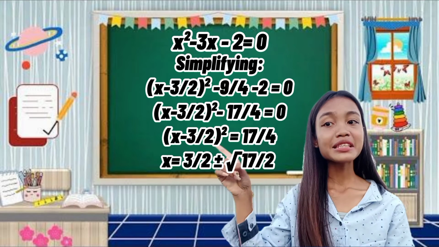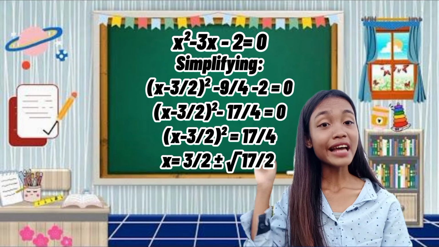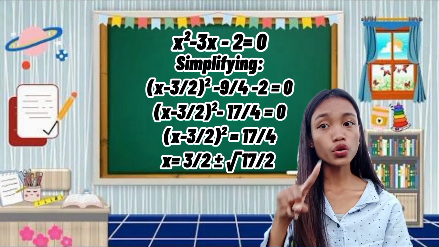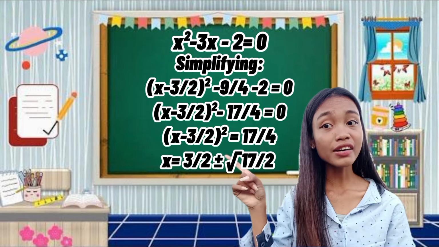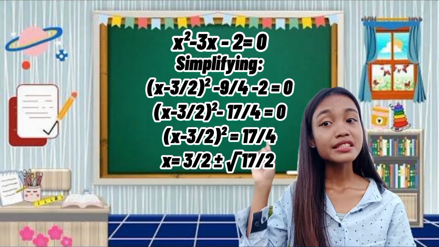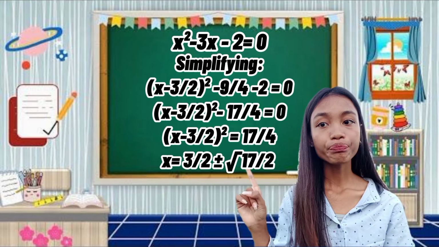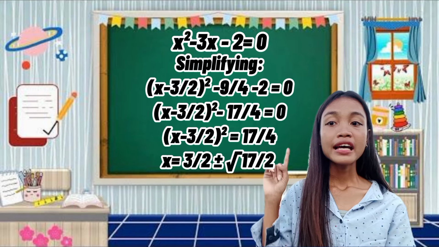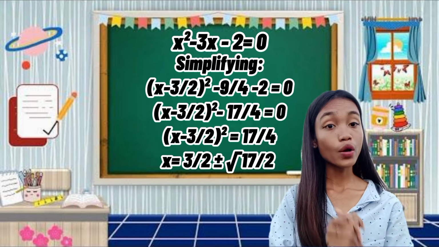So x minus 3 halves squared minus 9/4 minus 2, so x minus 3 halves squared minus 17/4 is equal to 0. So next, x minus 3 halves squared is equal to 17/4.